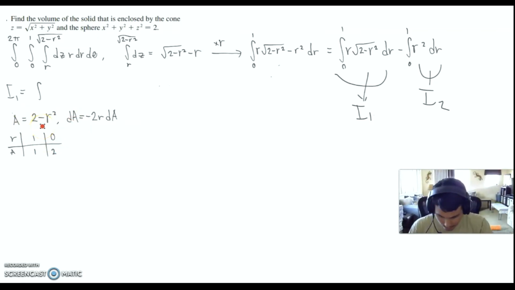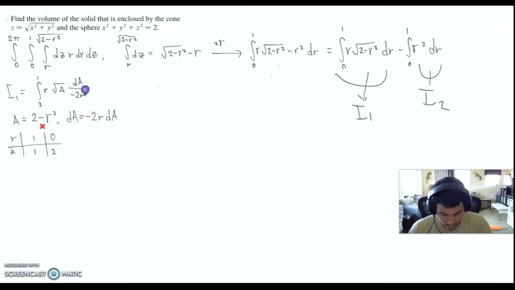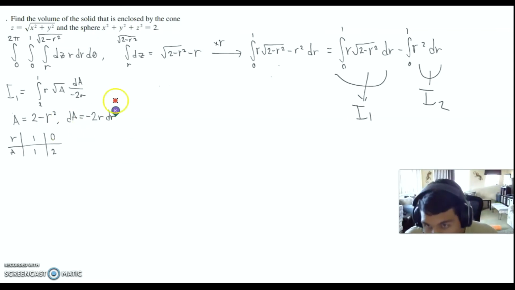Okay. So we have this going from 1 to 2 of r a dr, divided by negative 2r, right? Remember, one second, minor mistake here. This should be a dr. I don't know why I wrote dA. My bad. My eyes just always mess up on me.